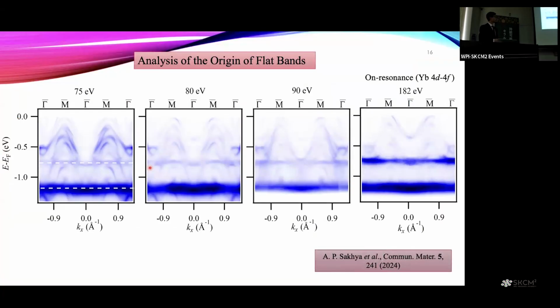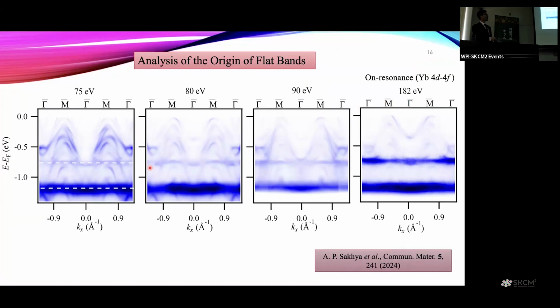So what we did is we aligned our sample along this direction and changed the photon energy. Basically, in this case we did an on-resonance measurement. We know the binding energy difference between ytterbium-4d and 4f. So we can tune our photon energy so that there is more excitation from the ytterbium-4f.